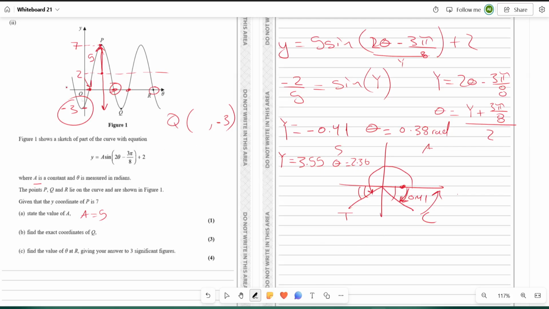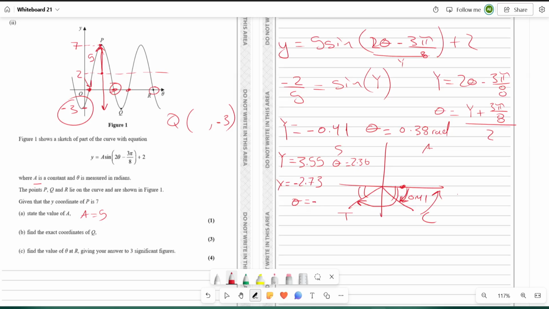How did I know that this one is the first positive answer? We can actually test going the other direction. So let's go clockwise. So let's go this direction, which is basically pi minus 0.41. So when y is equal to negative 2.73, because I moved clockwise, theta is going to equal negative 2.73 plus 3 pi over 8 over 2.